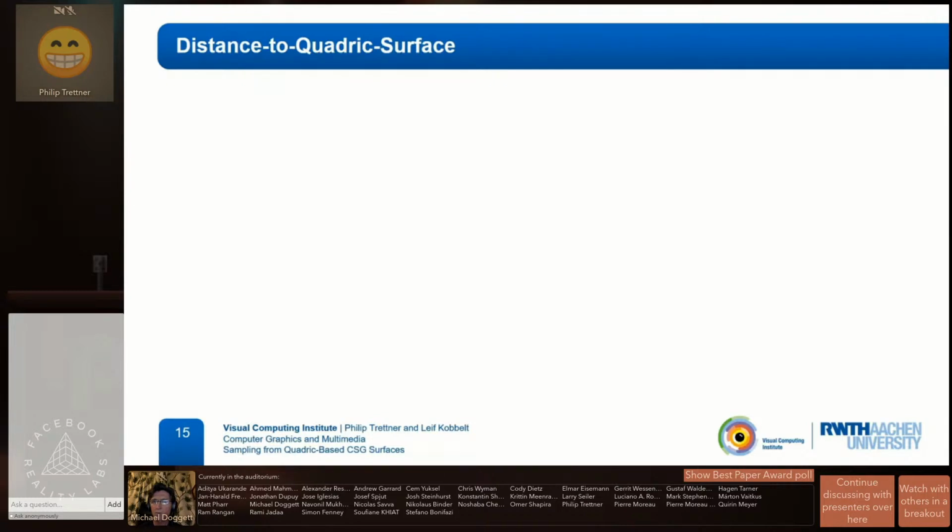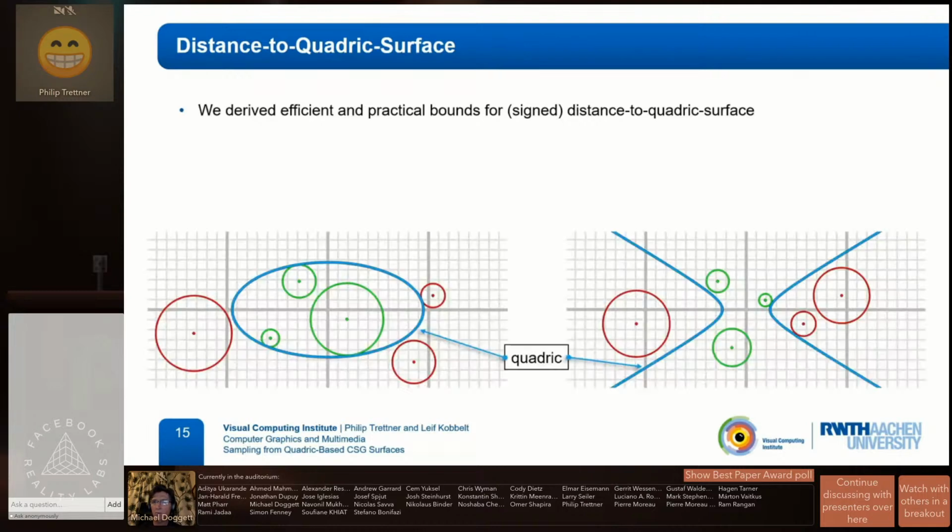Luckily for us, we are not interested in completely exact distances, and a conservative approximation is sufficient. And that's what we derived in our paper. We derived an efficient and practical bound for the signed distance to quadric surface. What that means is, given a quadric, we can now place queries anywhere in the space.